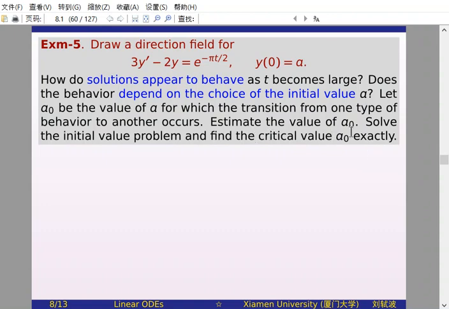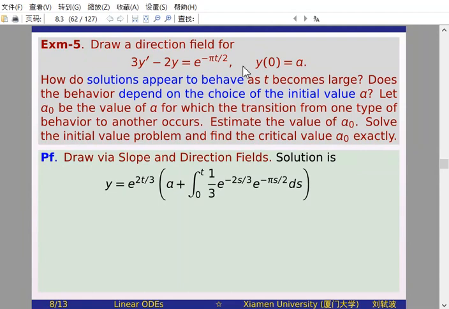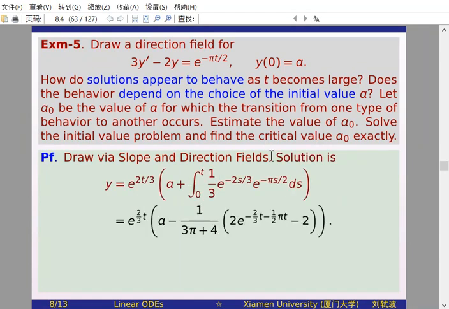So to get the exact value of a0, the only way is to solve the equation by some analytic computation. Okay, so this is easy. Because this is a first order linear equation, the solution can be obtained by integration. Simplify this, computing the integral, and then you will get this y.